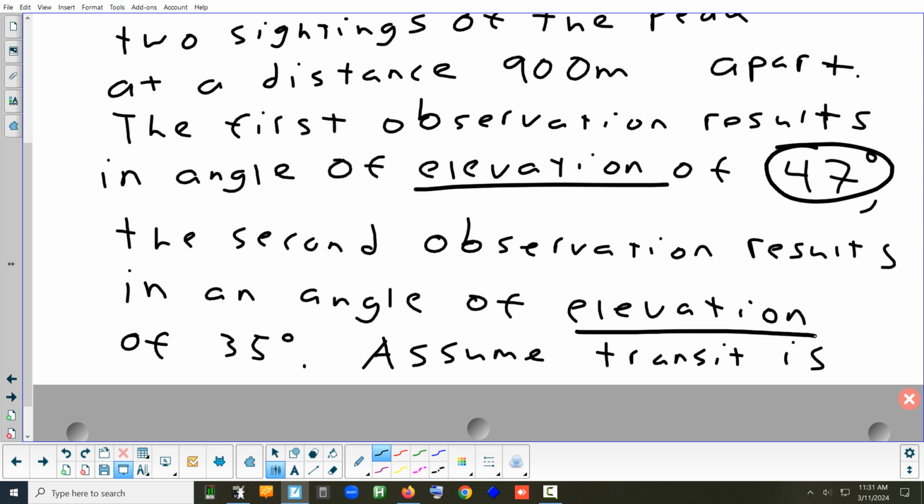If you draw a horizontal line through the helicopter and start angling the laser down, that's the angle it makes with the horizontal that the helicopter is at. So you just have to look at the problem and see, is it about angle of elevation or angle of depression? Depression is down towards a target. Elevation is up towards a target.